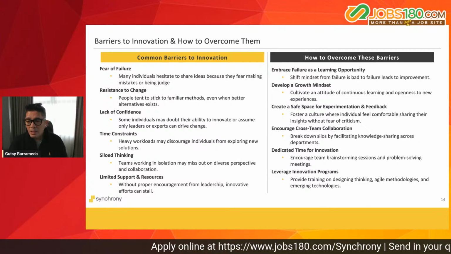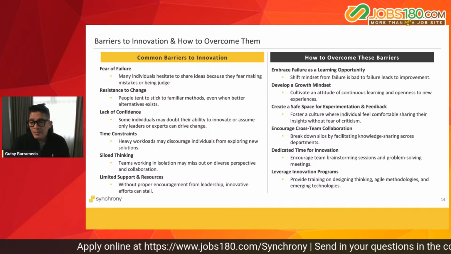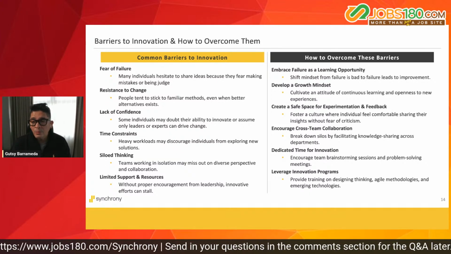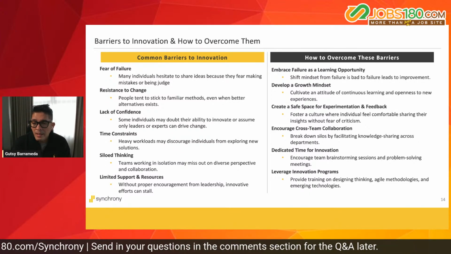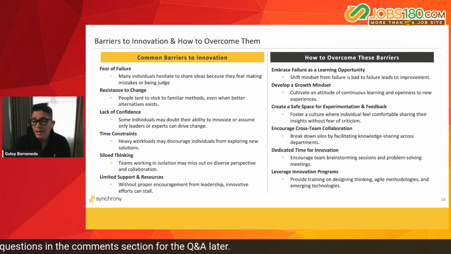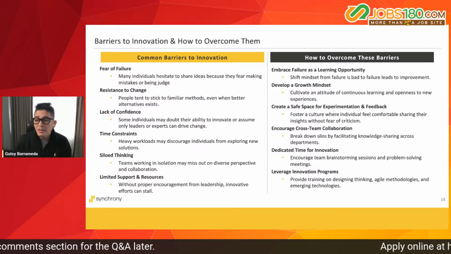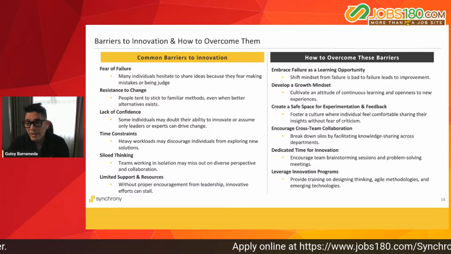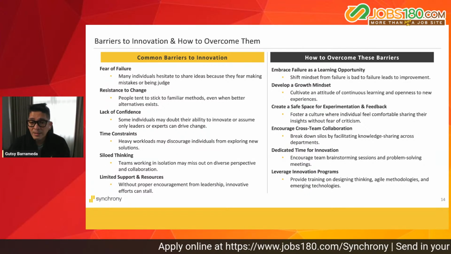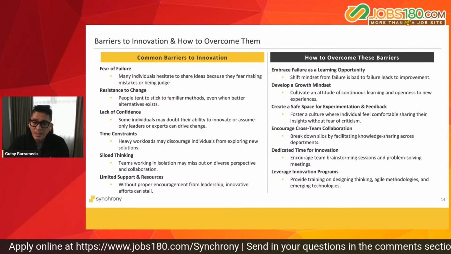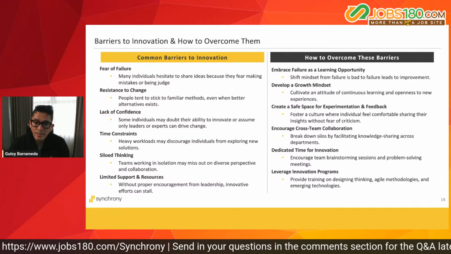So what we do is encourage cross-team collaboration, because instead of doing it myself, I do it with others, with a team, that greatly, exponentially improves my ability to do things faster, better, and sometimes cheaper. So instead of saying I don't have time, I look for time.